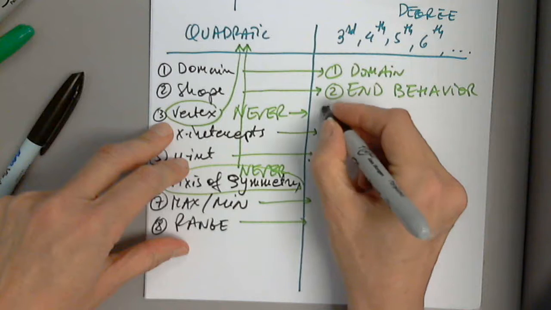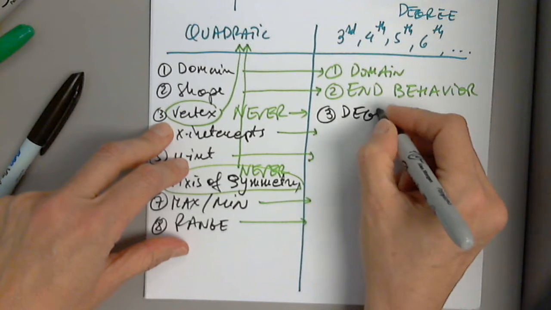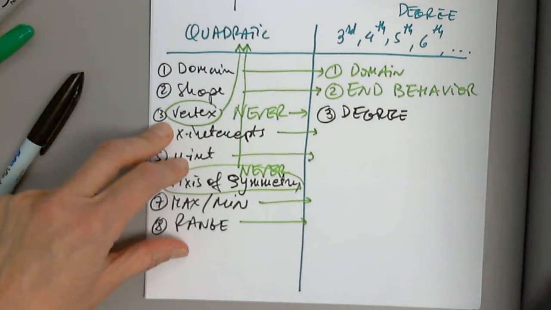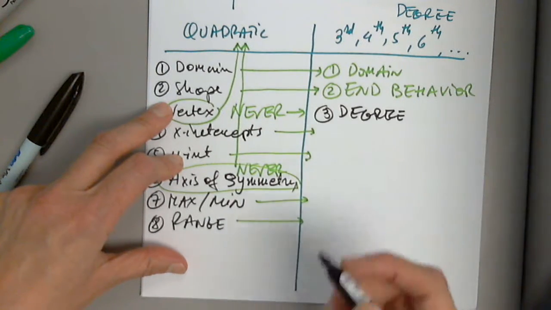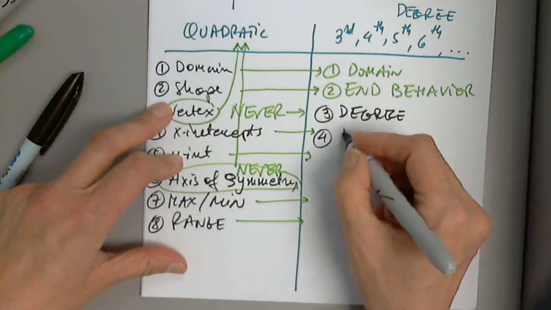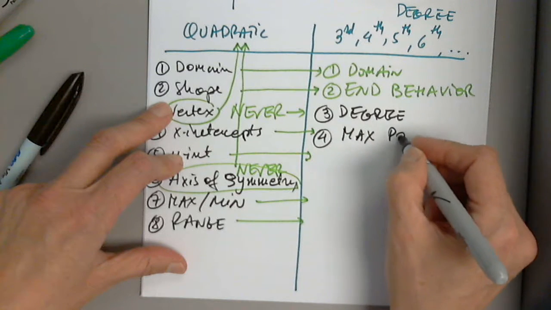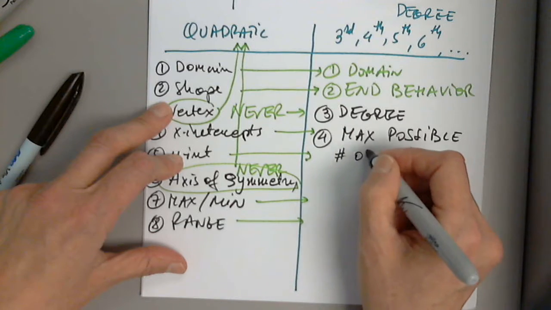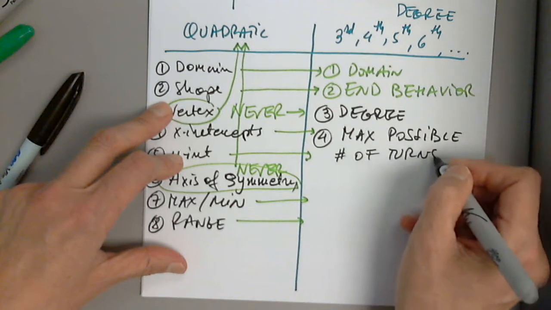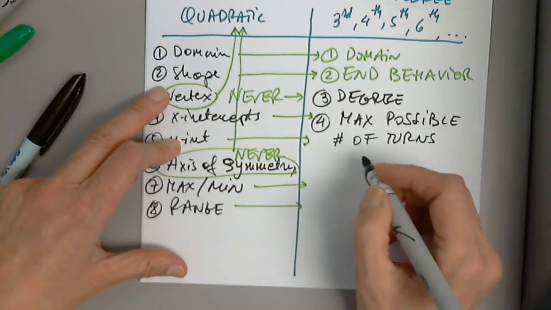Number 3, degree of the polynomial, because it can be odd or even. Number 4, maximum possible number of turns. By turns, we mean max min.